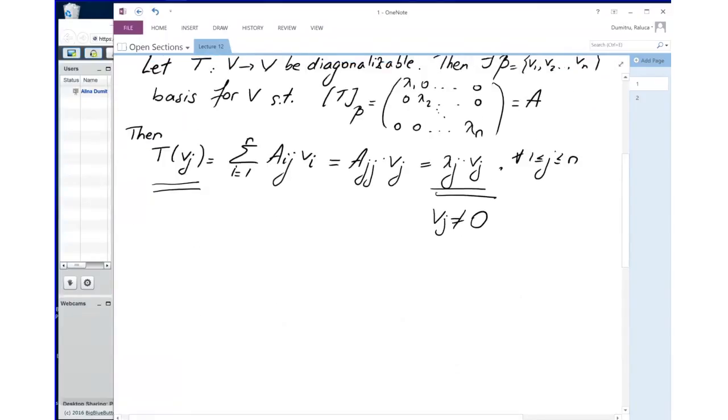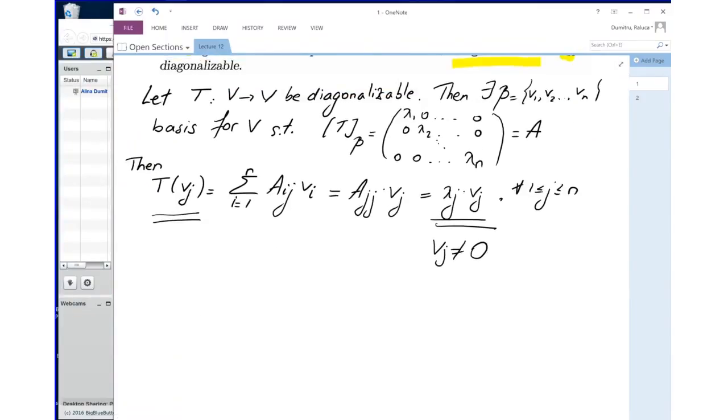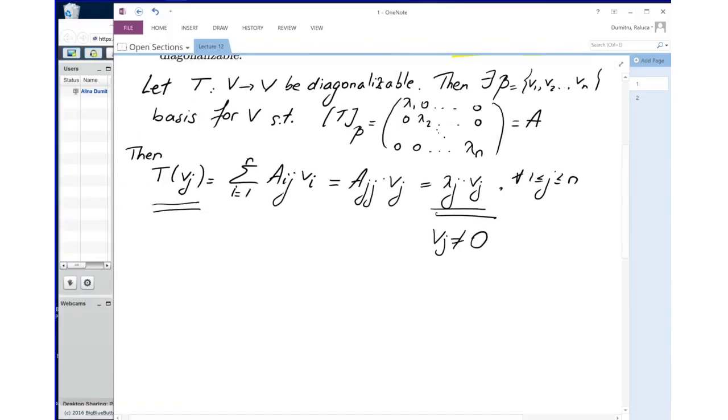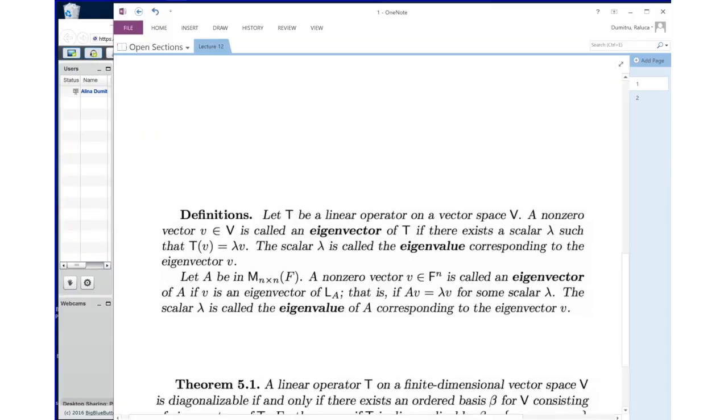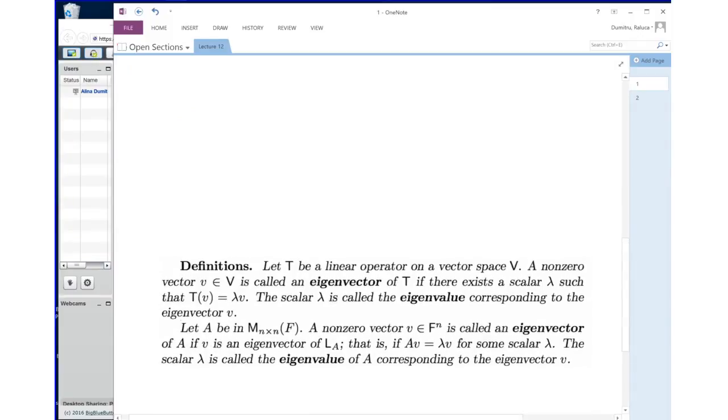So when it's diagonalizable, all the elements of the basis should have this property, which is defined here. A non-zero vector V is called an eigenvector of an operator T if there exists a scalar lambda such that T of V equals lambda V.